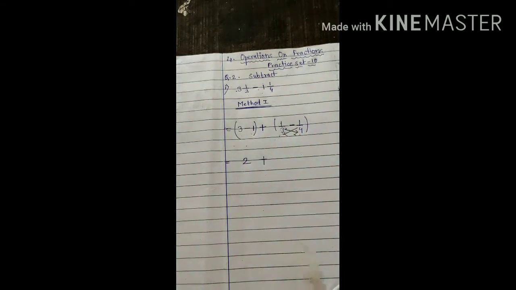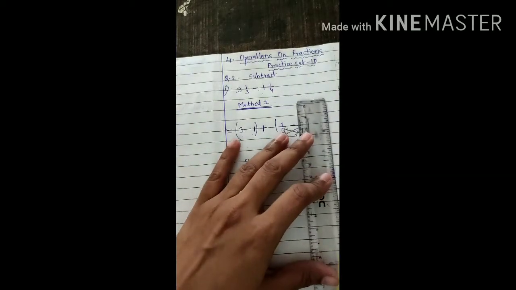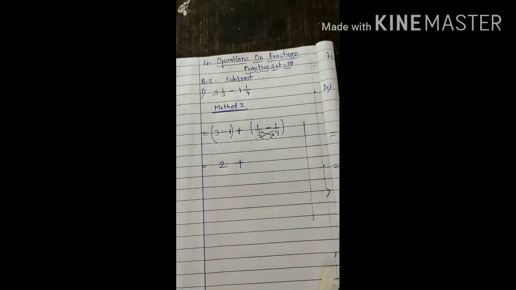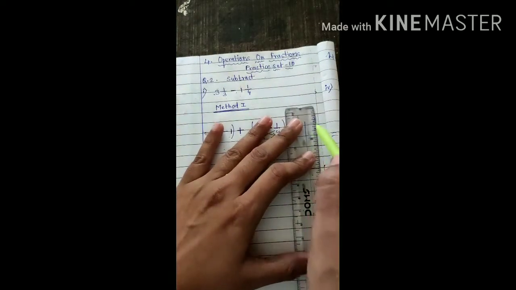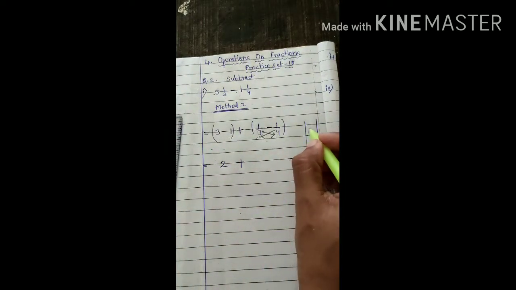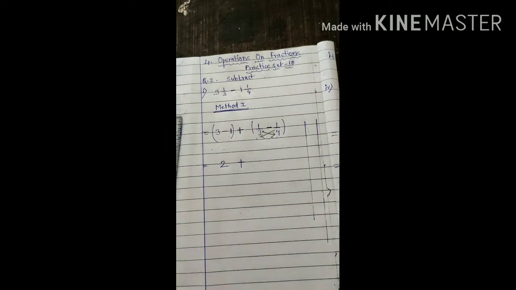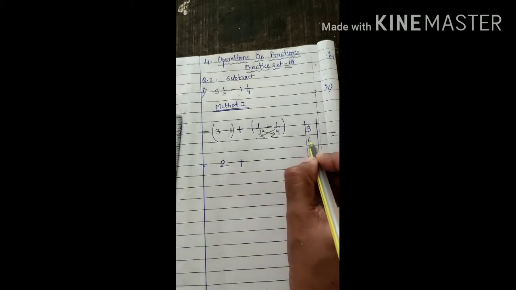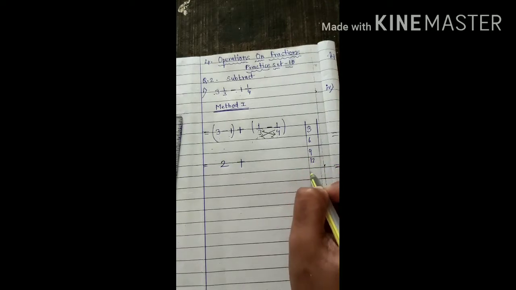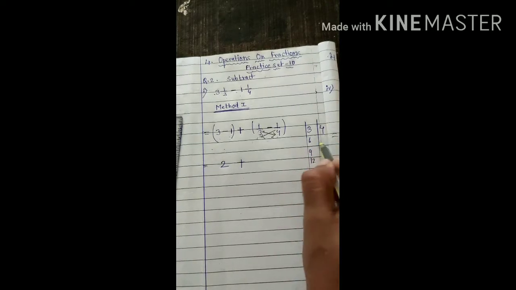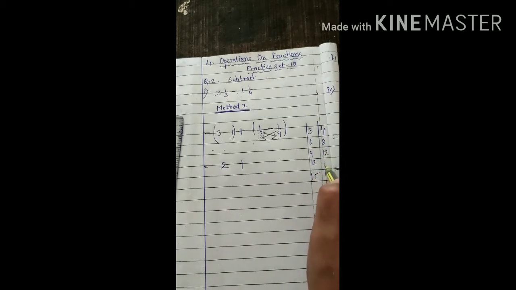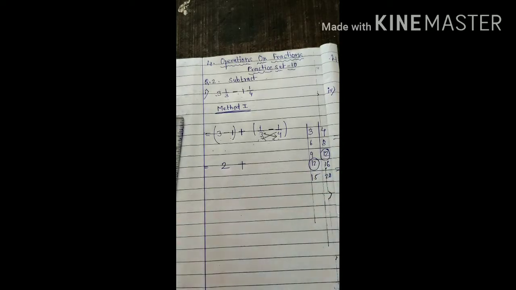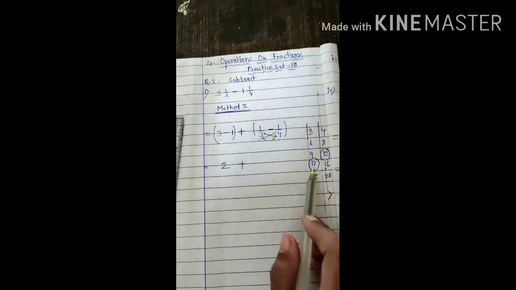You write your table. See, 12 and 12 is a common number.